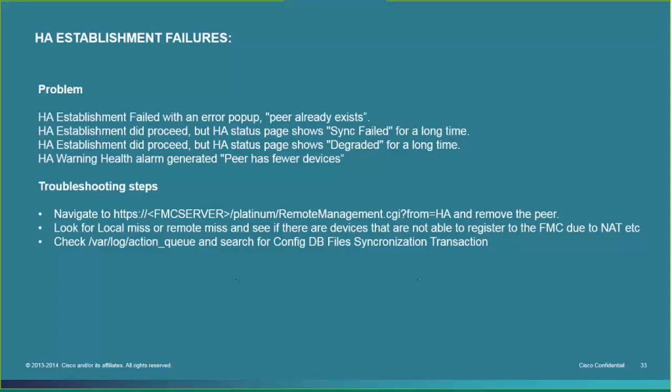Another error message that we can see is peer already exists, which could be a result of an earlier registration of the devices in an FMC HA with a different FMC, or a break which was not successful before the attempt to re-register the FMCs in HA was made. When you see this error message, we can run a couple of scripts on the back end to collect the UUIDs from both the FMCs and remove the peers from the corresponding databases where this information might be stored, and then proceed to try the registration again.